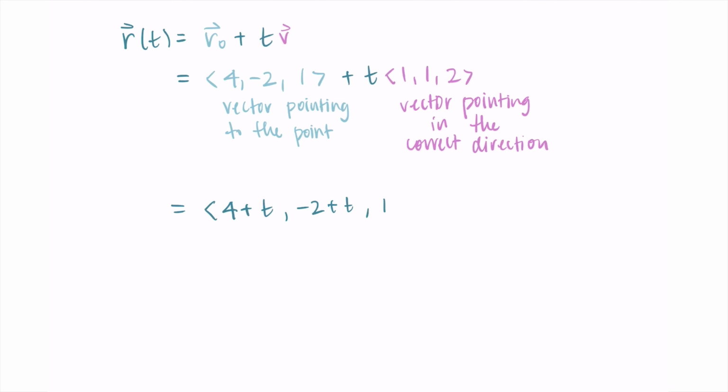And then I have 1 plus t times 2, so 2t. So I'm just taking my x components, my y components and my z components with the t multiplied in. All right, and this would be my vector equation for the line.